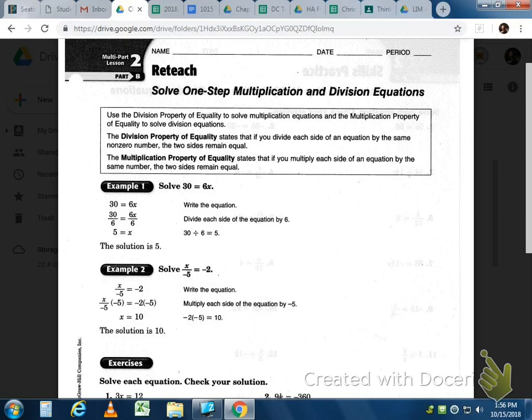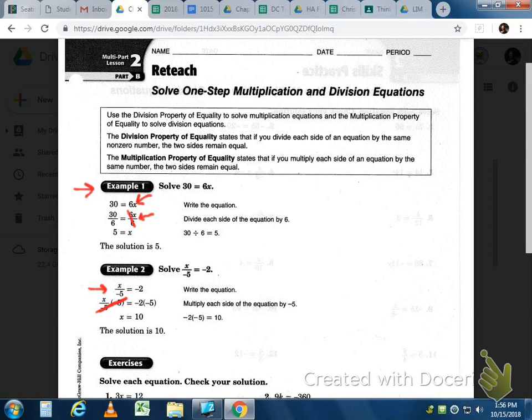So just to point out, example 1 has a 6x. That's 6 times x. So that's why they divided both sides by 6, because those 6's would cancel out and you would get your answer. If you have x divided by something like example 2, x divided by -5, then they're just showing that you multiply both sides by -5, because that would cancel out the -5 with the x.